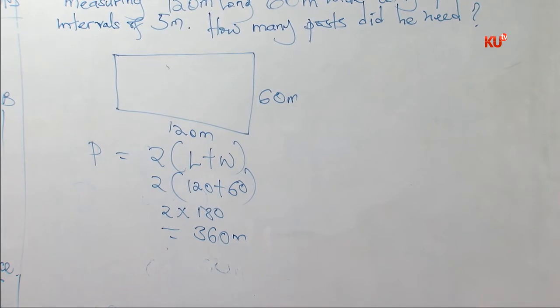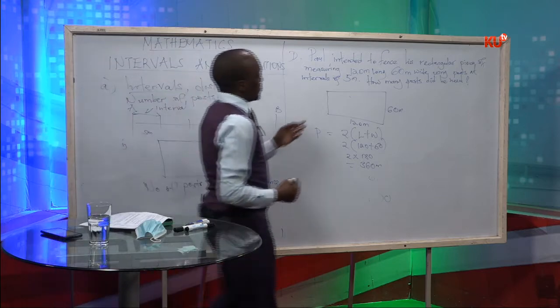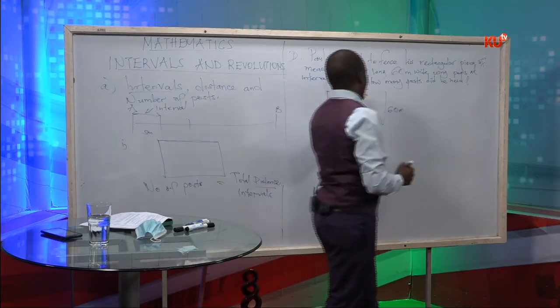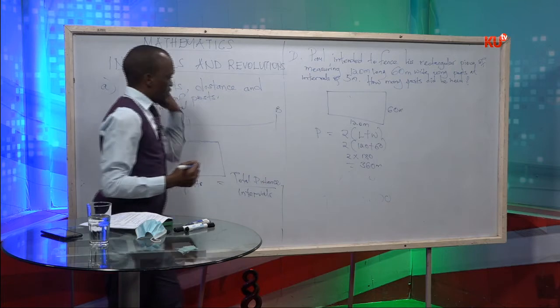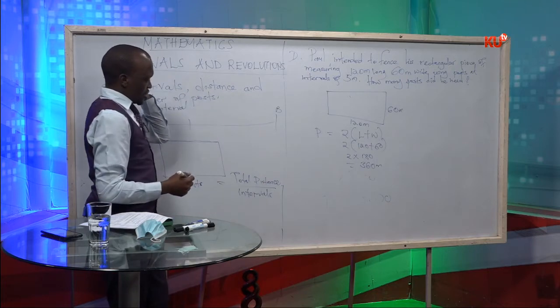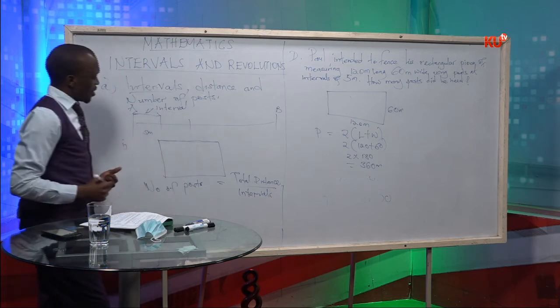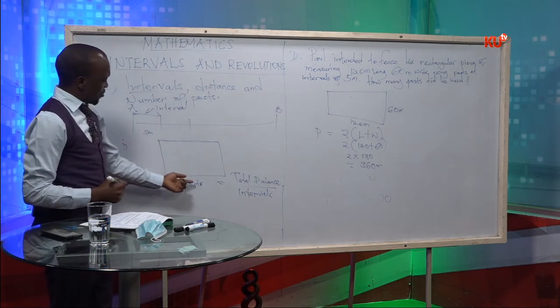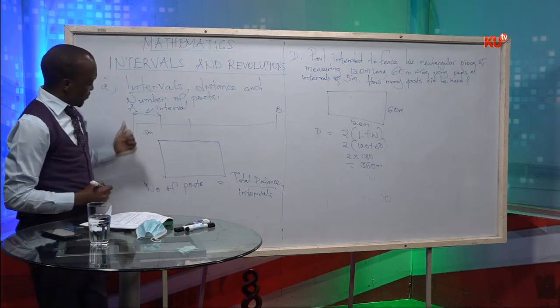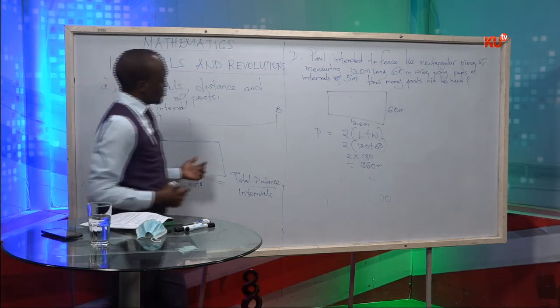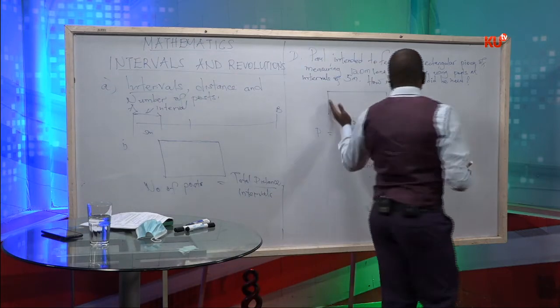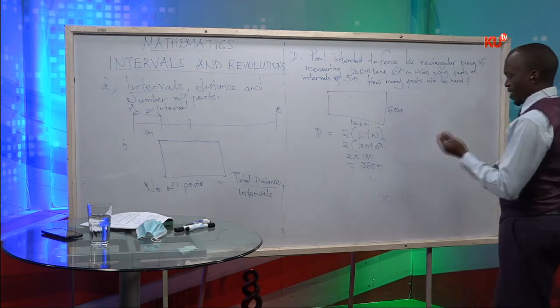But that is not the question asked. The question asked here is how many posts did he need to fence the piece of land? So we shall come back to our formula. The number of posts in an enclosed field is equal to the total distance round divided by the intervals.